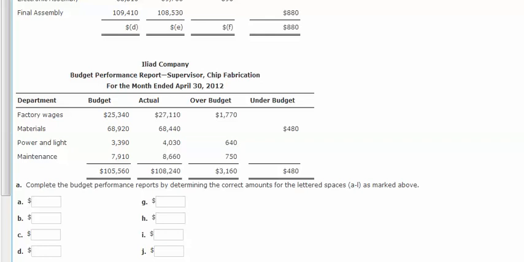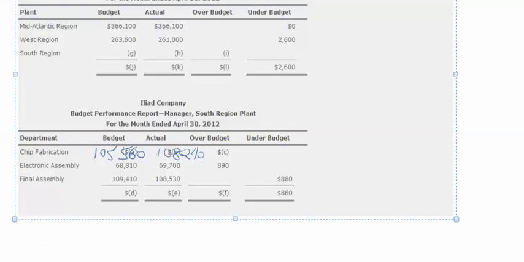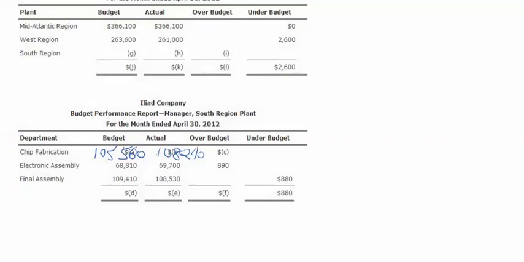If I put that in my calculator, 3160 minus 480, that's 2680, and that'll be over budget. So we're going to put in here, over budget equals 2680.